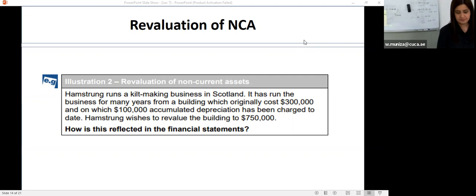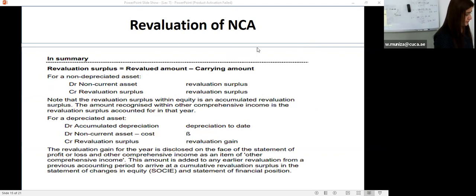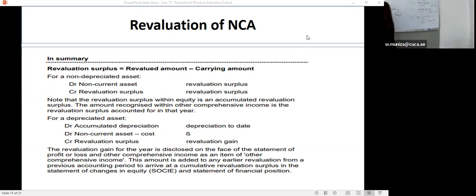Yes, students, done? Okay, now in summary, they are writing the accounting entries over here. Revaluation surplus is revalued amount minus carrying amount. So what is revaluation surplus? The difference between revalued amount and the carrying amount.